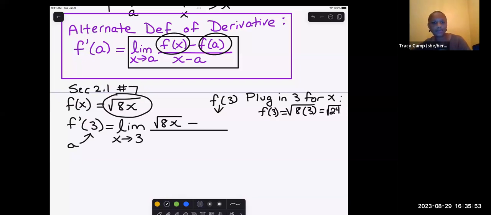I can simplify this, but I'm just going to leave it as square root of 24 to keep things uncomplicated. We could also simplify the square root of 8, but we're just going to leave it, and in the end we'll get the same answer. In my denominator, I'll have x minus my a, which is 3. So I end up with this right here.